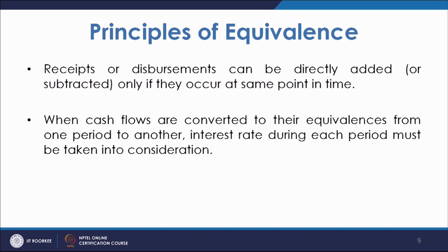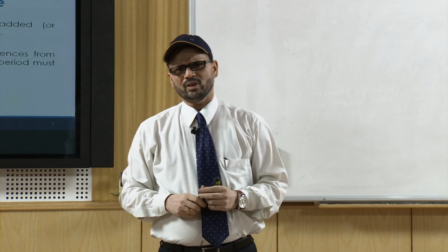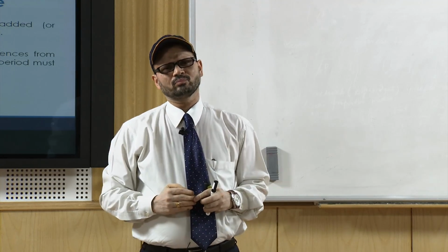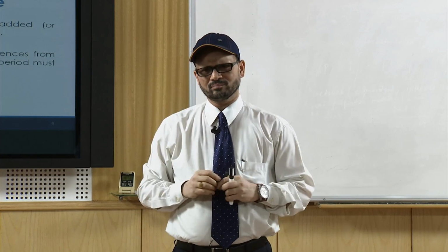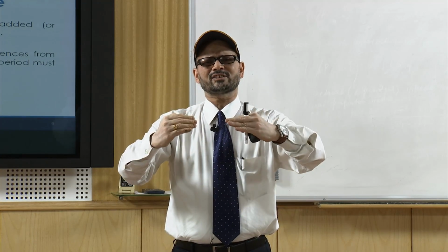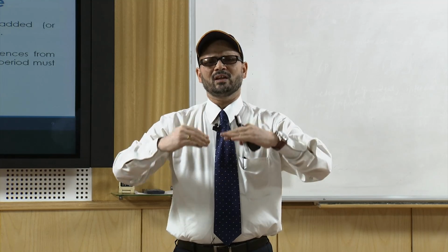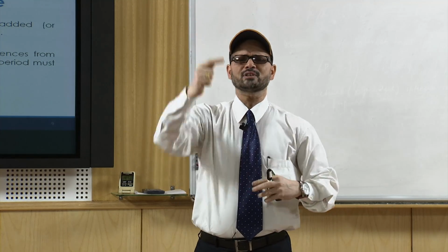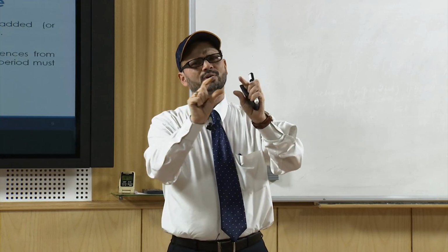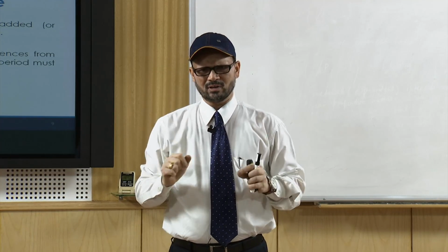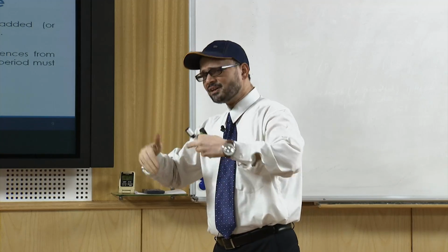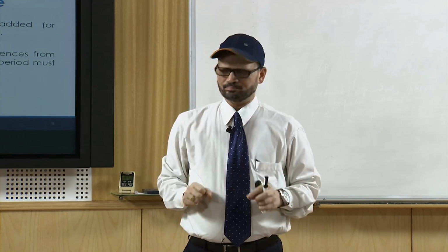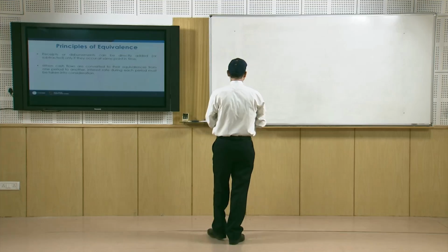It means if there is a cash flow and you want to find the equivalent value at a particular time, the equivalent value of all other receipts or disbursements has to be found at that particular time, then only you can add or subtract them. Unless you convert them to that particular time basis, you cannot add them. We can understand it by an example.